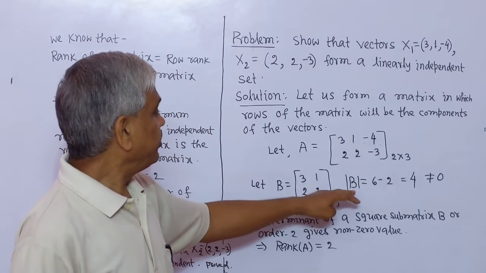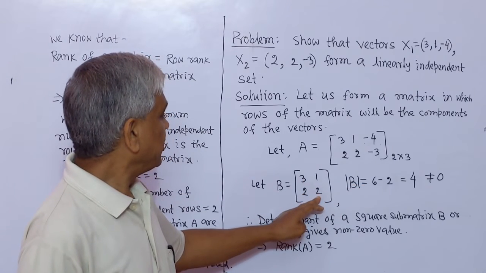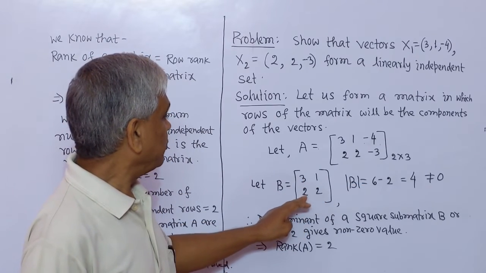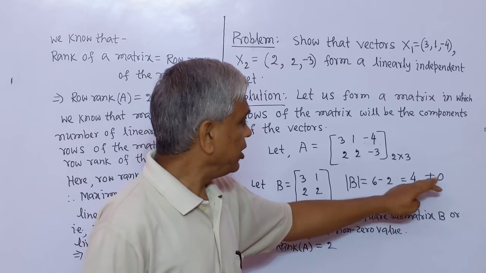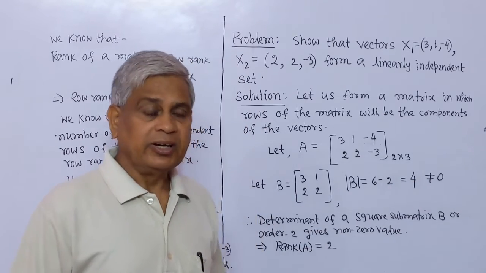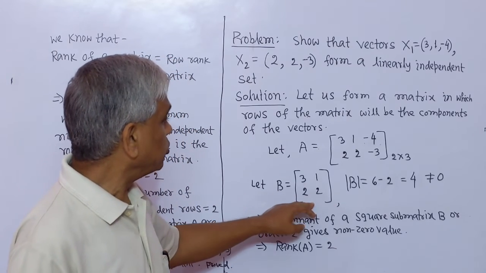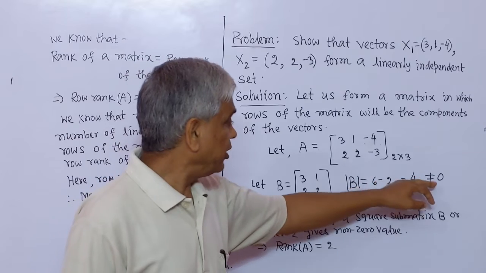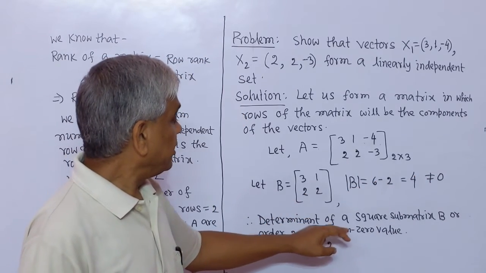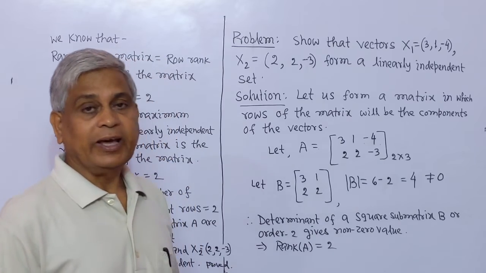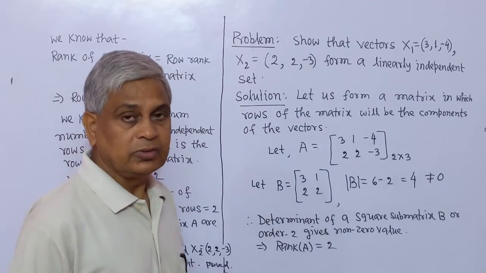Here the determinant of B equals 3 times 2, which is 6, minus 2 times 1, which is 2. 6 minus 2 equals 4. 4 is not equal to 0. This means the determinant of the submatrix B of order 2 gives a non-zero value. Therefore, the rank of the matrix A will be 2.